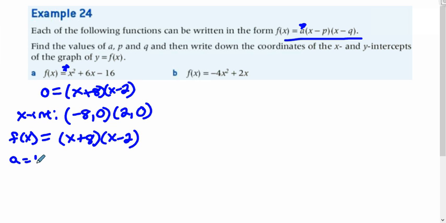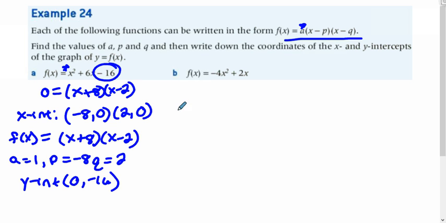So a is 1, p is -8, and q is 2. It doesn't matter which one's p and which one's q, it's the same thing. And then they also wanted me to find my y-intercept. Because it's in standard form, it's pretty easy: (0, -16).